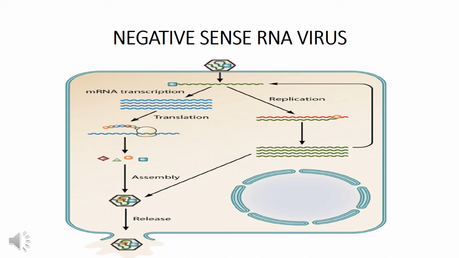The formation of RNA from an RNA strand depends on one enzyme, which is known as RNA dependent RNA polymerase. So negative sense RNA viruses contain a unique enzyme known as RNA dependent RNA polymerase. Okay. So I think we have discussed enough about negative sense RNA viruses as well.